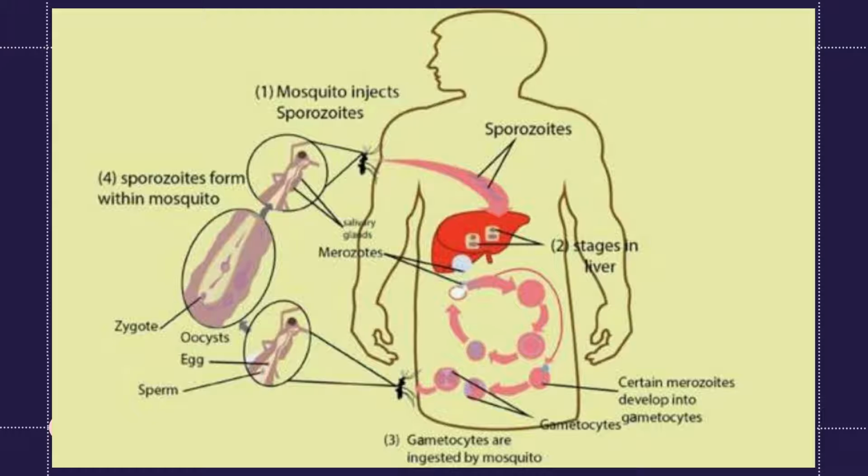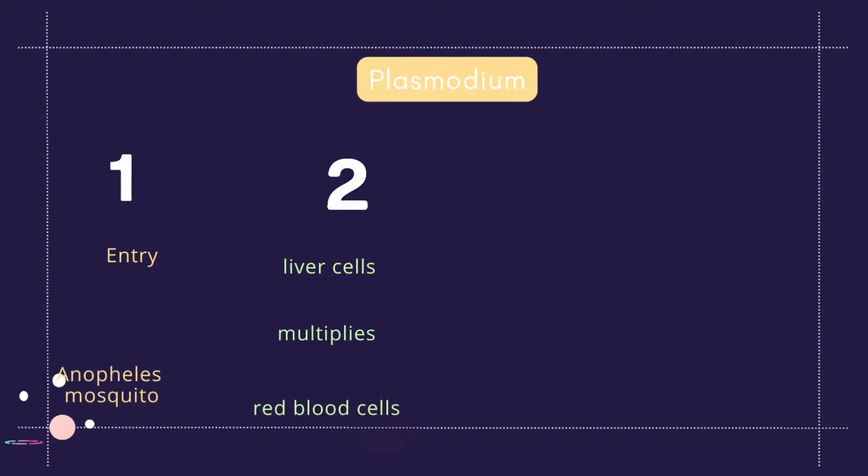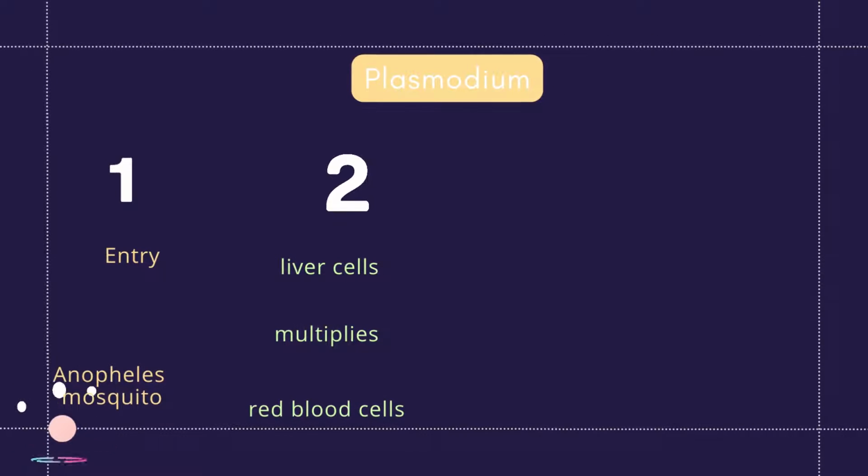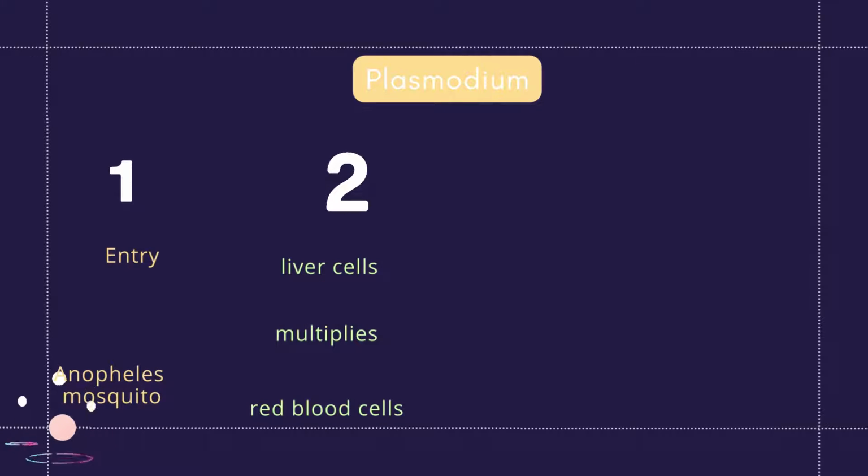Second step, let's move toward our second step, that is multiplication. When these spores enter the human body, first they reach the liver cells. Plasmodium first enters liver cells and then red blood cells, RBCs, where it multiplies.